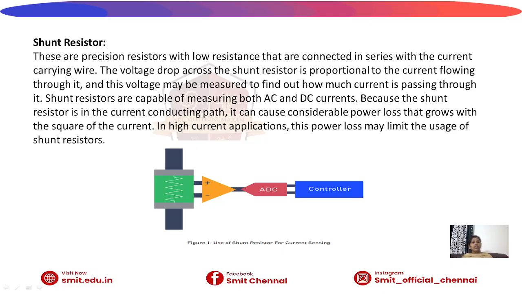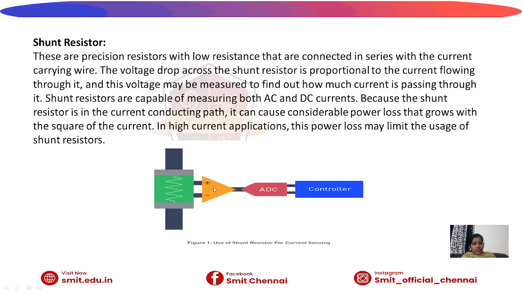It can cause considerable power loss that grows with the square of current. In high current applications, the power loss may limit the usage of the shunt resistor, so we can't use it in high current applications.